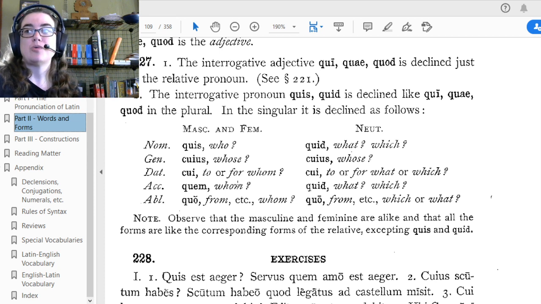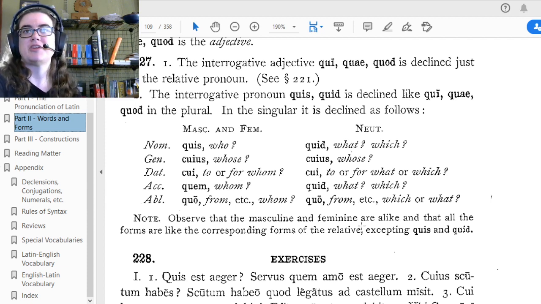And most of the forms do look the same, which means you really don't have to memorize that much more. You just have to memorize the interrogative pronoun singular, which is different in 4 forms. And again, that's just for introducing a question.